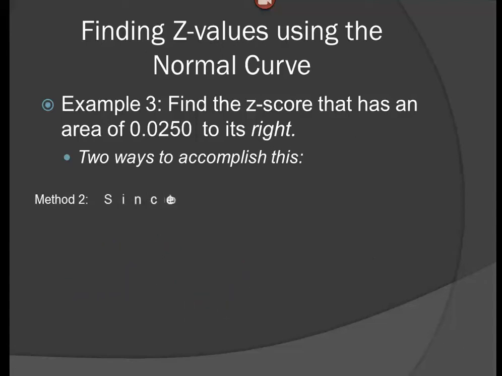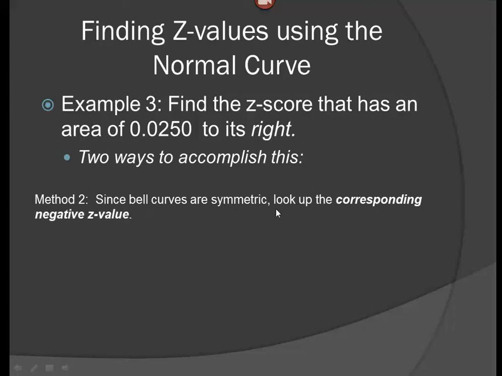The second way to accomplish this is to use the property of symmetry with my curves. If I know I want to find 0.0250 to the right, we can use the fact that on the left-hand side of the curve, we can find that same area. In other words, this is the value we're after.